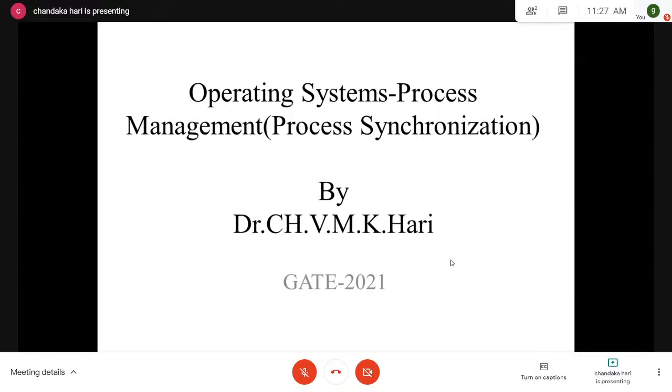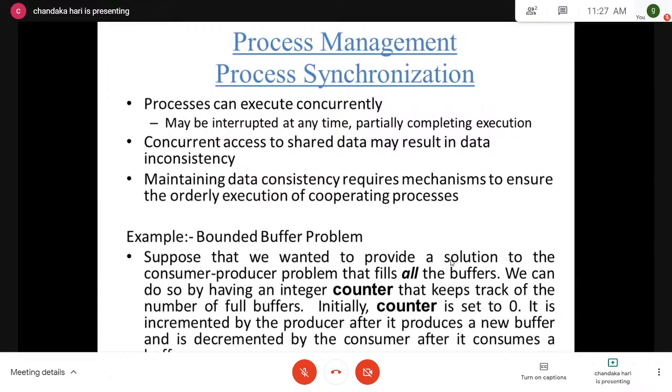This is really the heart of the operating system. This is what computer science people do as challenging tasks in the software industry, that is, data sharing problems, which are dealt with in process synchronization.